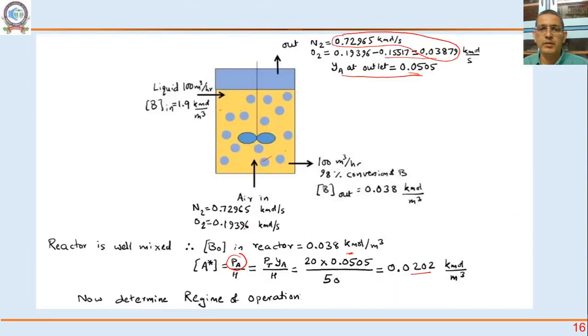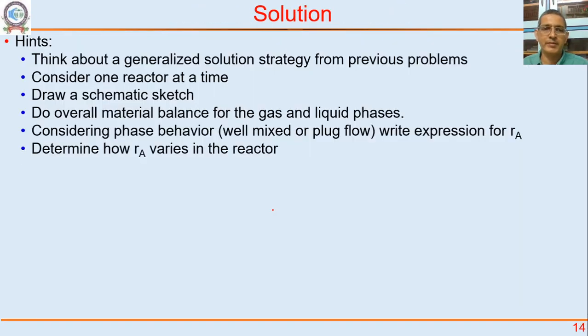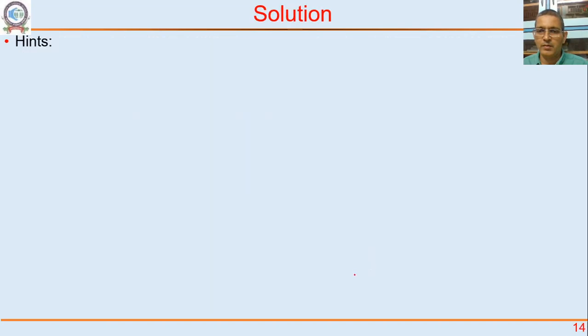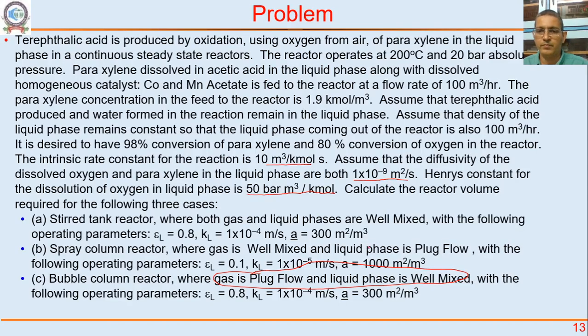Although KL is lower. Look at this. We have done stirred tank, we have done spray column. Epsilon L is lower. KL is lower.